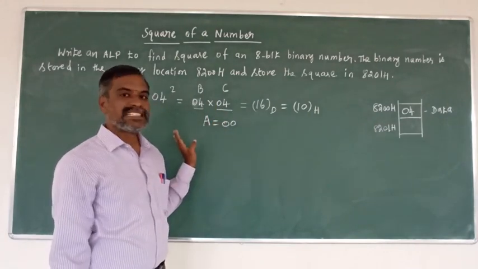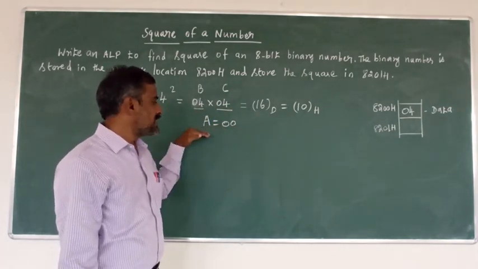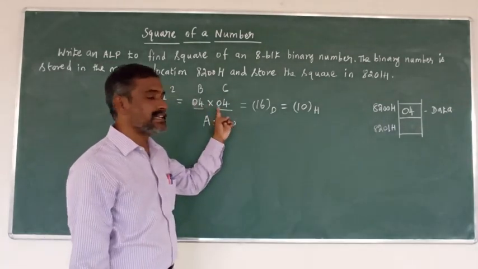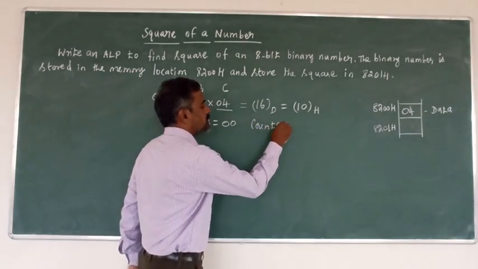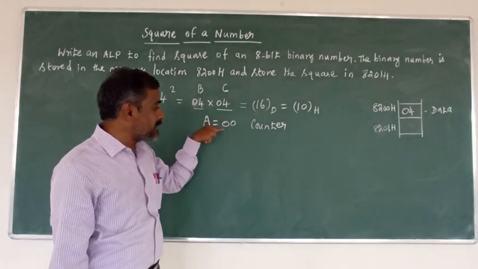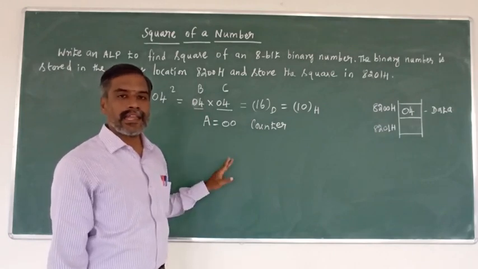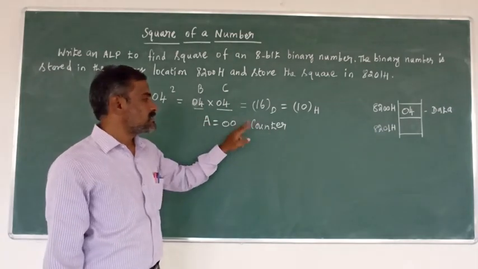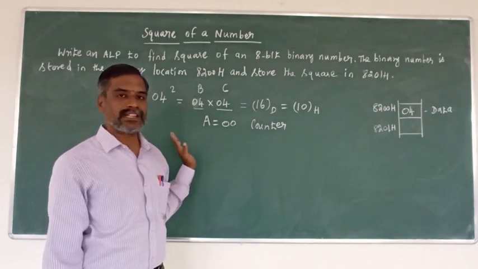Now to multiply these two, first clear the A register initially, fix any one register as the counter, and add the next register's data with the accumulator, like ordinary multiplication, till the counter register is 0.